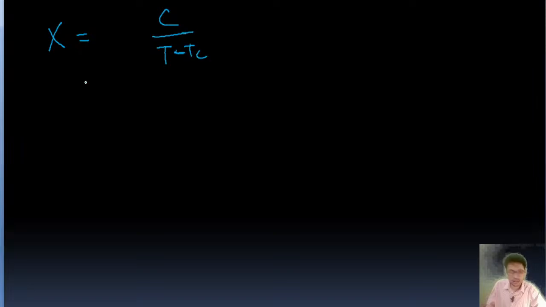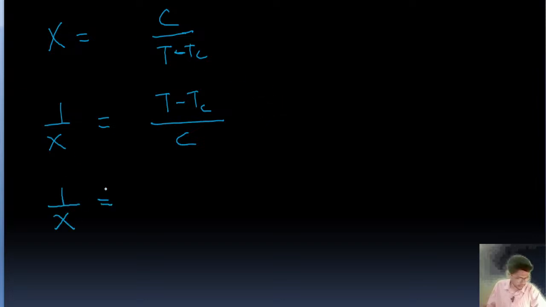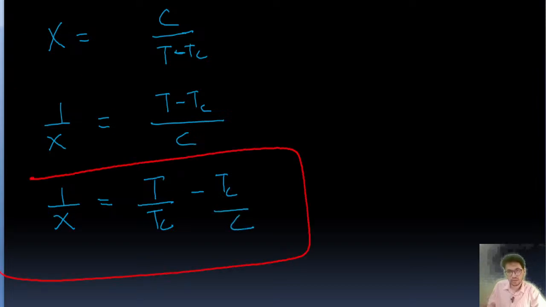So now we can write 1 upon chi is T minus Tc upon c, or we can write 1 upon chi is going to be T upon c minus Tc upon c. This is also important: 1 upon chi equal to T upon c minus Tc upon c.